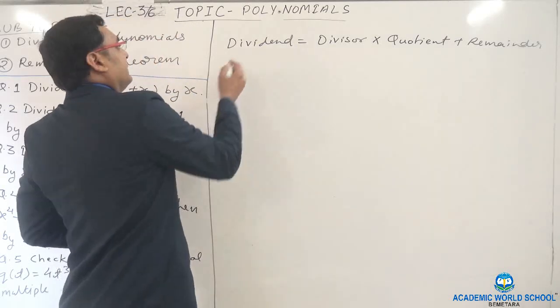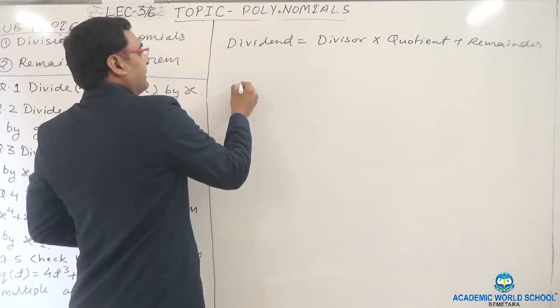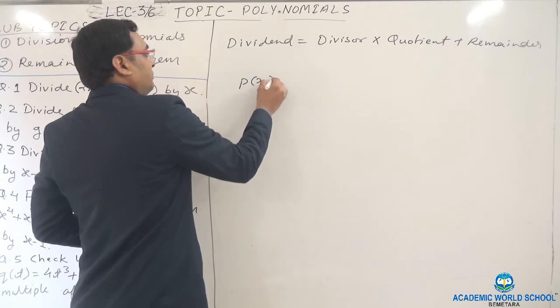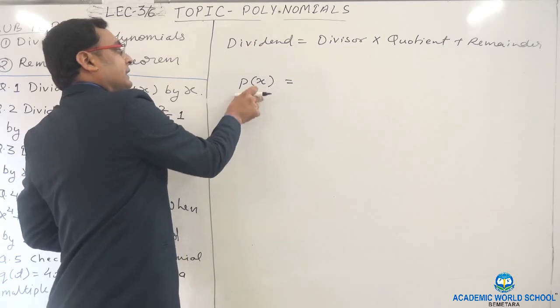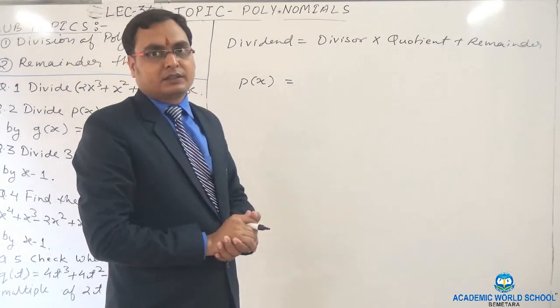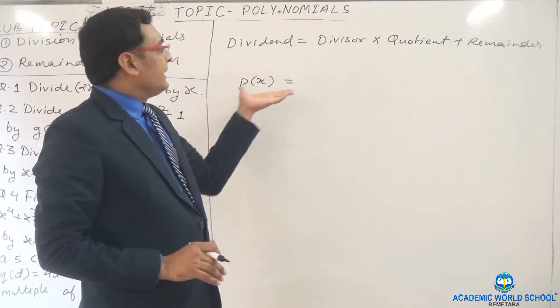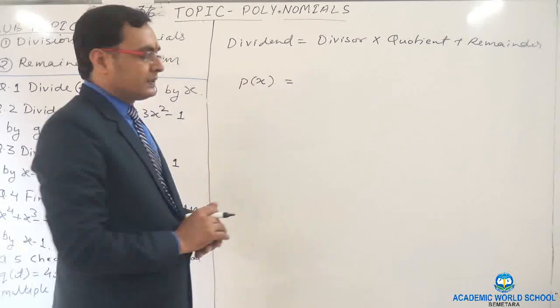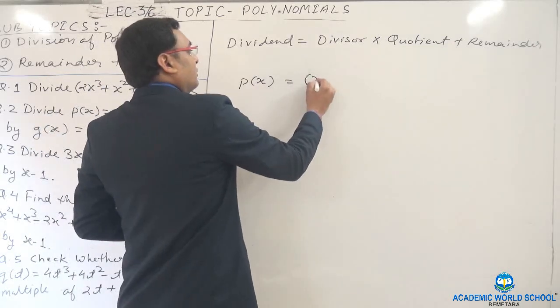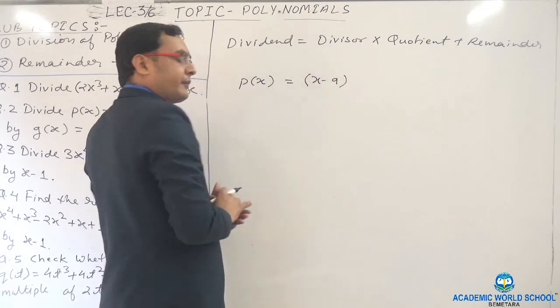Suppose we are having a dividend as a polynomial px. This dividend is a polynomial in x. Okay, and we are dividing this polynomial px by a linear polynomial x minus a.